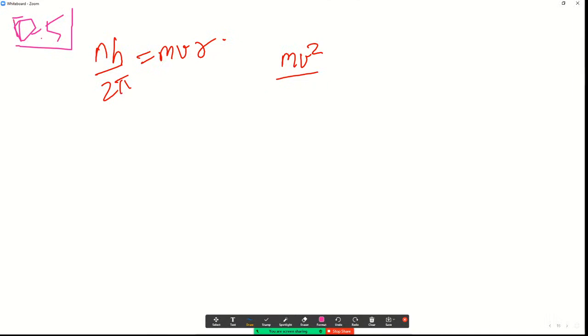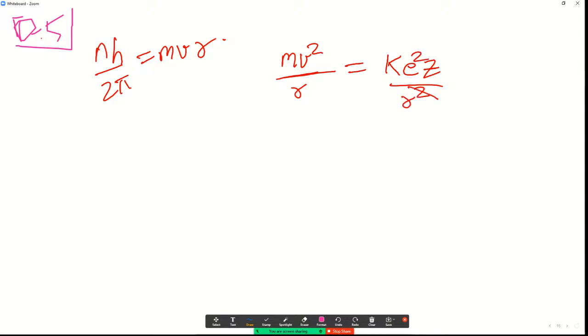Yes, and mv square by r equals k e over 4 pi epsilon naught r squared, and the Z of rubidium, Z times e square by r square.